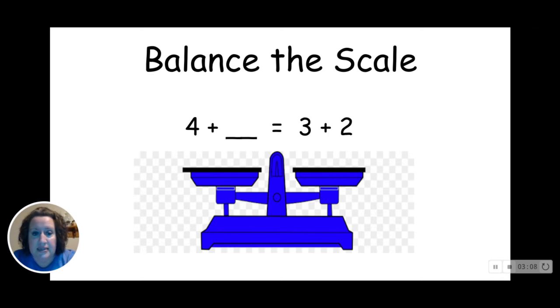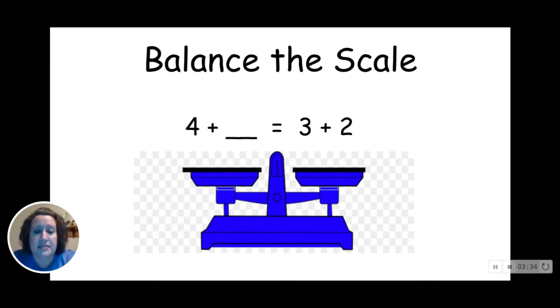But let's take a look at it and see if we can balance these addition sentences, these addition facts on this scale. Just like the seesaw, the middle is like the equal sign. If both sides are at the same height, they're equal. If one side is heavier, the heavy side would go down. We don't want that. We want them to be equal.